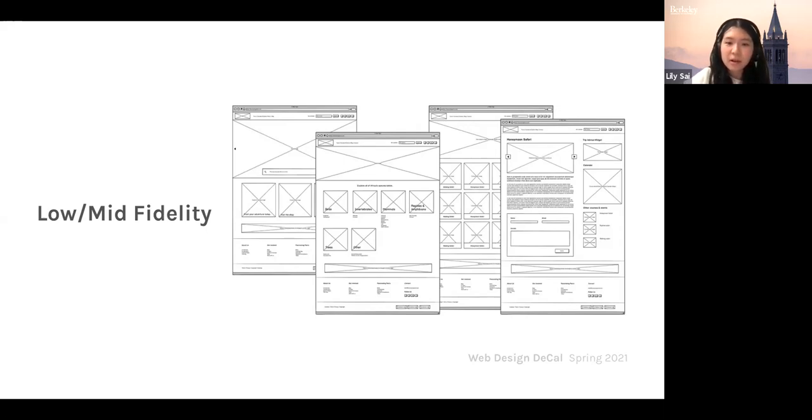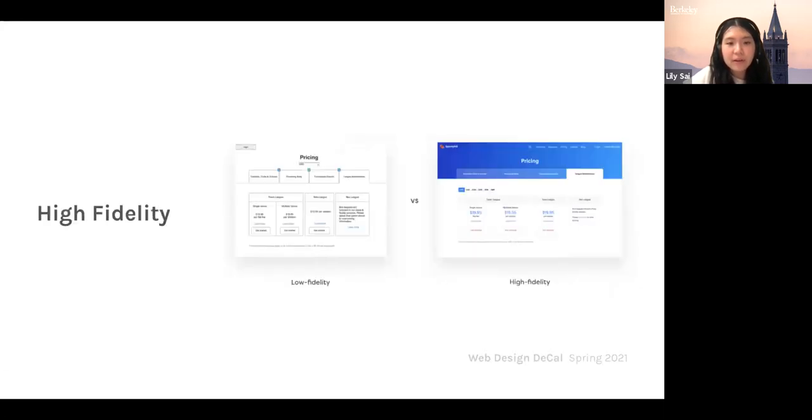These are also called wireframes. And then we have high fidelity. We're jumping from the outline all the way to your second to last draft or something. High fidelity is, as you can see, much nicer.